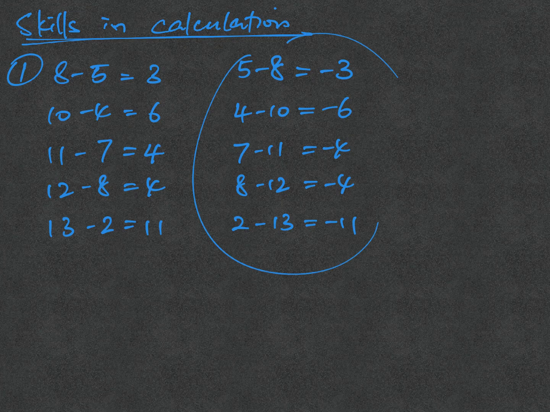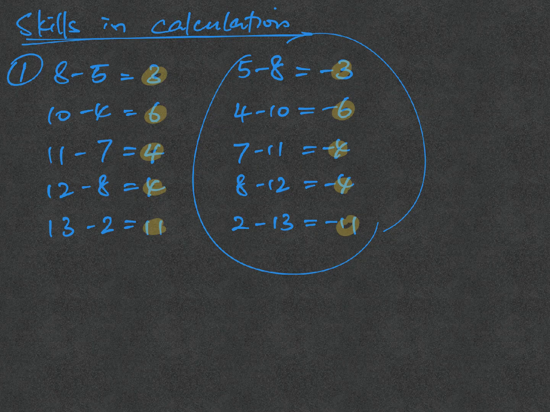If you wonder how we can get it, I repeat, please go back to the number line and draw it to help you do the calculation. But on this page, I would like to emphasize that there is some similarity between the values. When you compare the left and right side, you will see that the same numbers, 3, 6, 4, 4, 11, 11, are repeated.